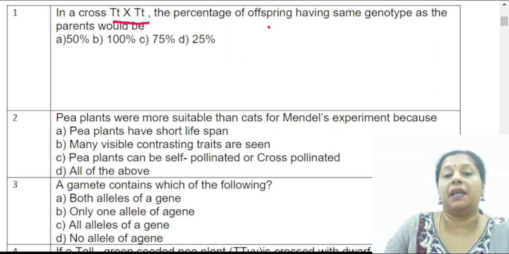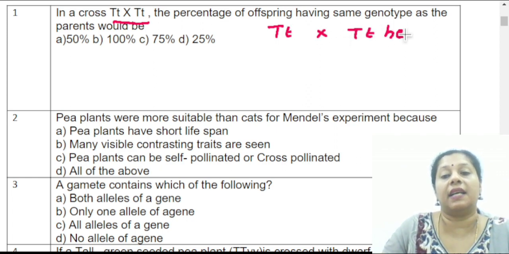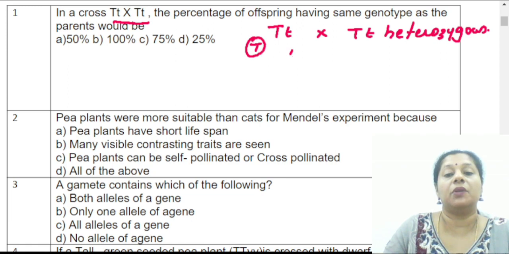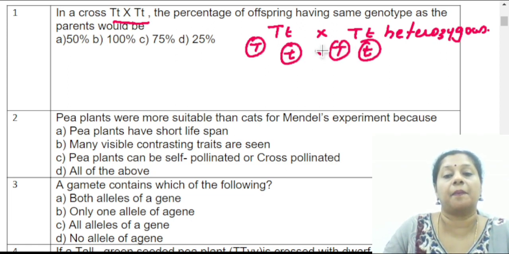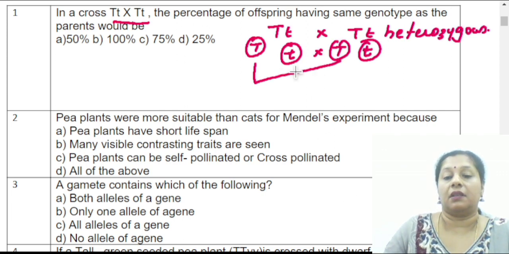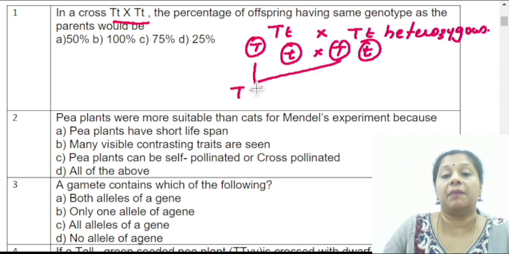So here the parents' genotypes are capital T small t into capital T small t. So this condition is called heterozygous. Here both the parents will produce two types of gametes, capital T and small t. So if these two join, it will become capital T capital T, the offspring will be tall.